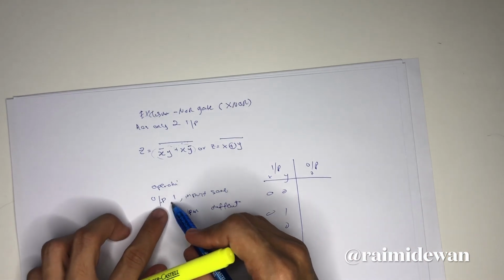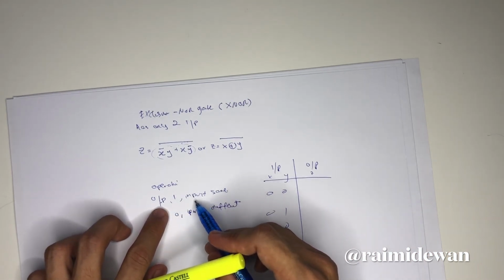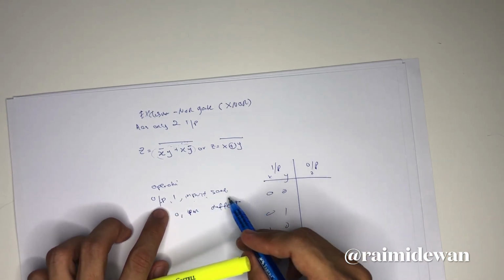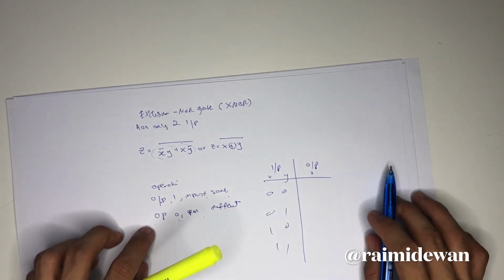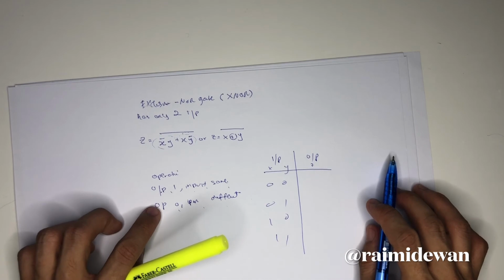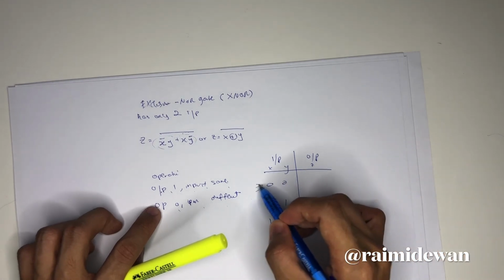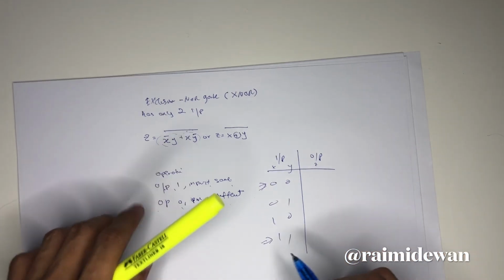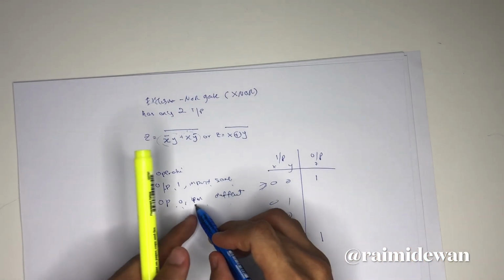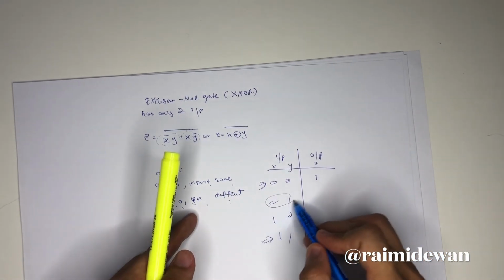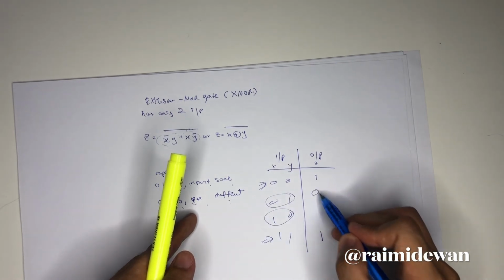The output is 1 when the inputs are the same, and 0 when the inputs are different. You see where you have the same input, here and also here, right? So that's why this will result in an output of 1. When the combination is different, you have it as 0.